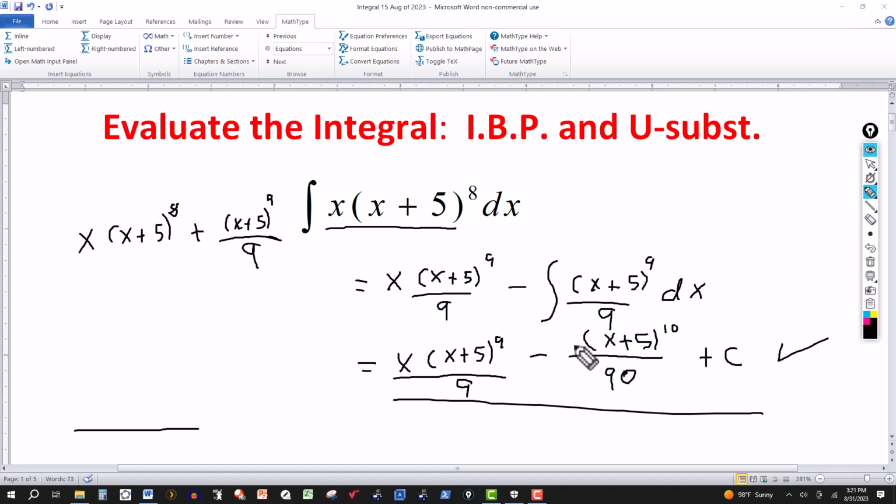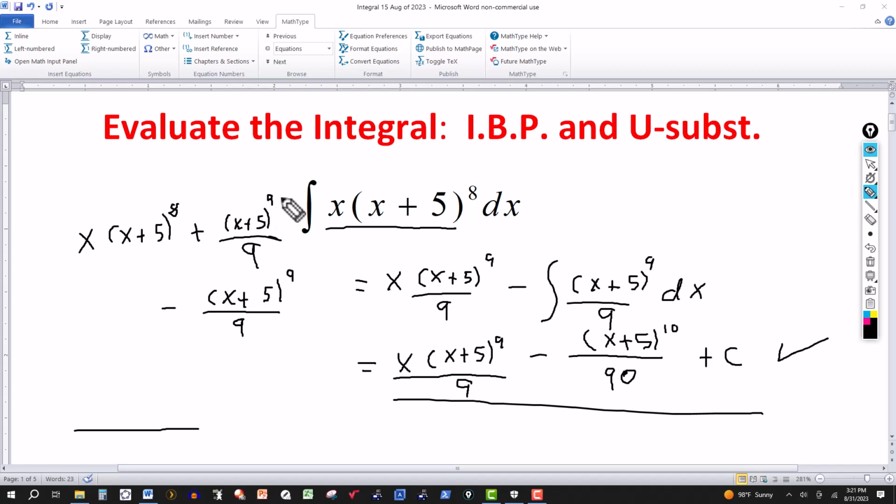Don't have an x in front, so it's just a regular 10 that comes out in front, and then 10 reduces the 90 to a 9, so I get a minus. Subtract 1 from the exponent, gives me (x plus 5) to the 9th power, and this is over 9.